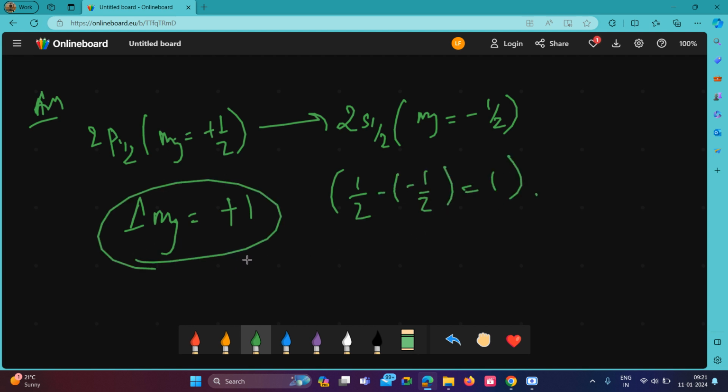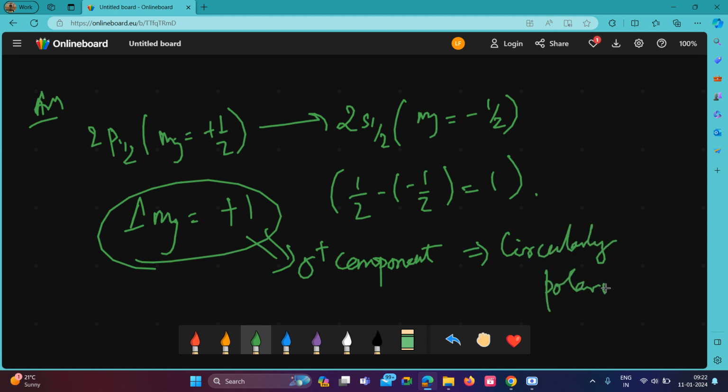And delta mj plus 1 gives us the sigma plus component, which is actually circularly polarized.